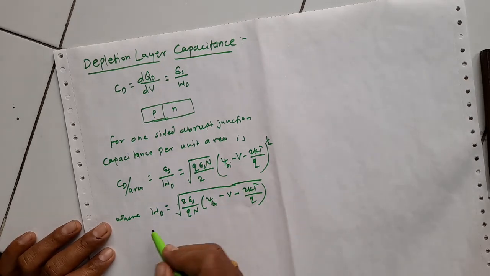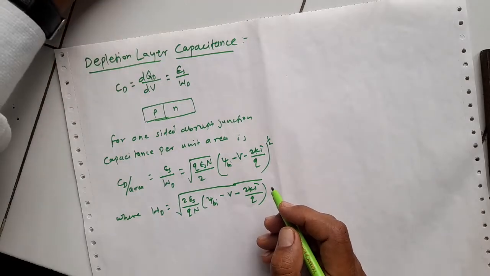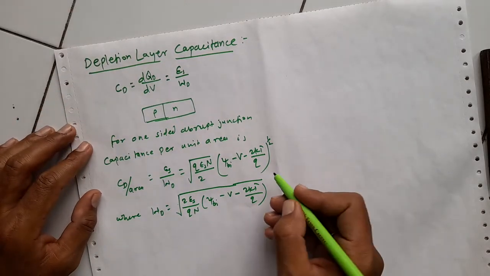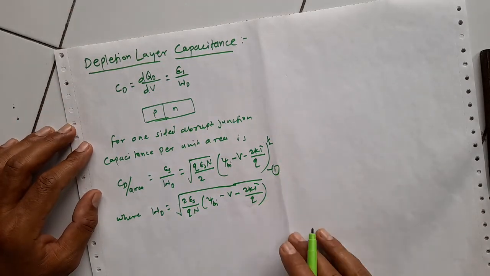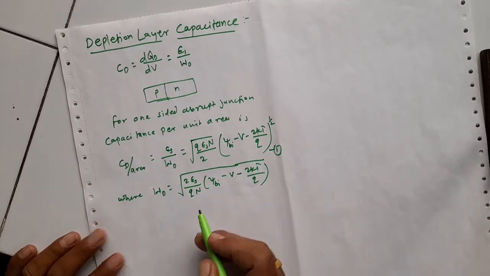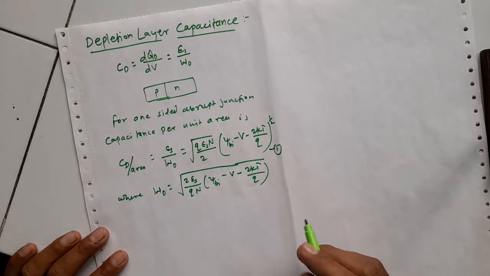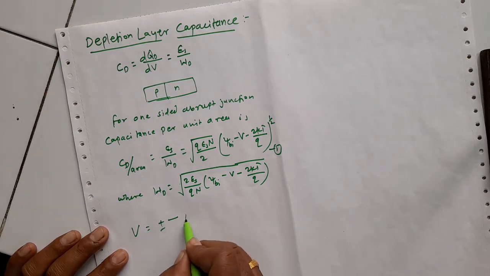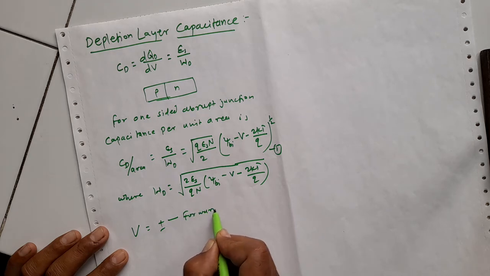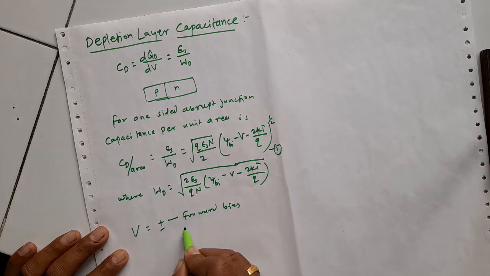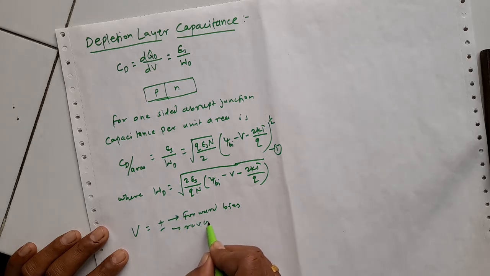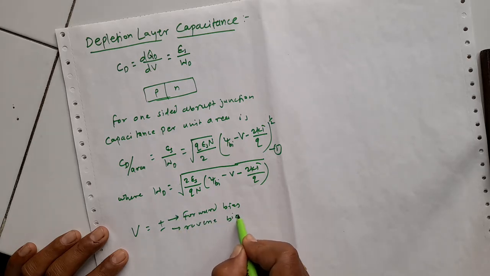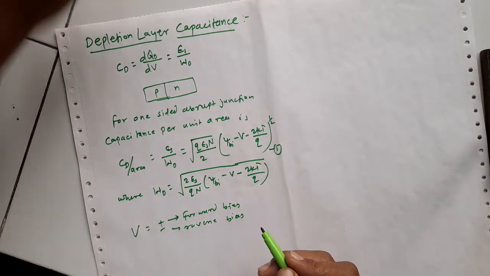I can name this equation for C_d as 1. Here phi can be positive or negative depending upon whether it is a forward bias or reverse bias of the p-n junction: positive for the forward bias and negative for the reverse bias.